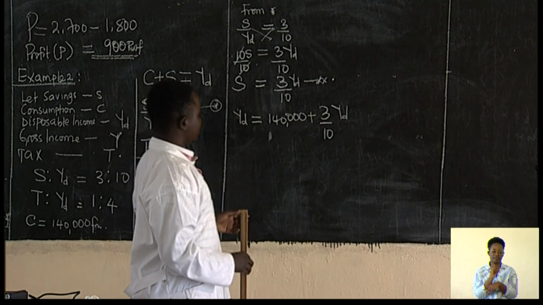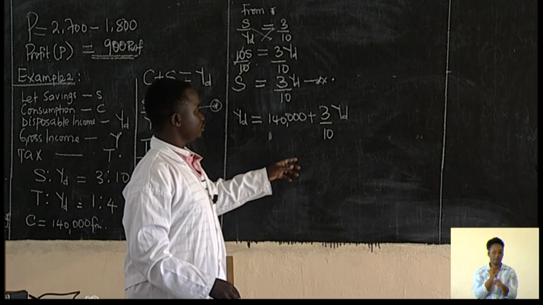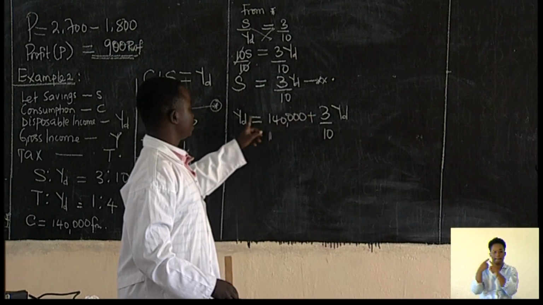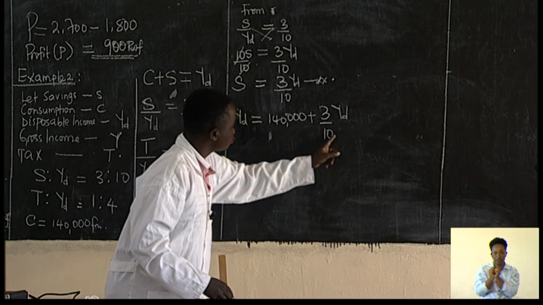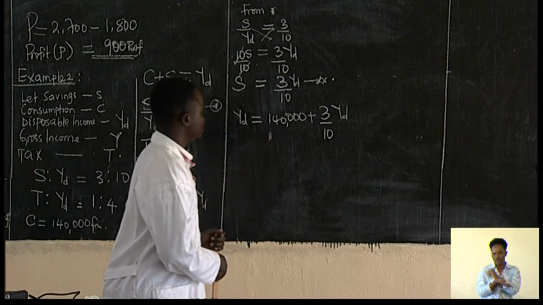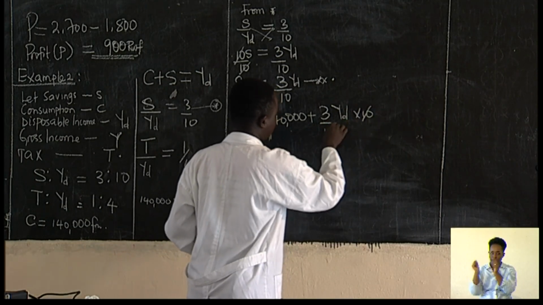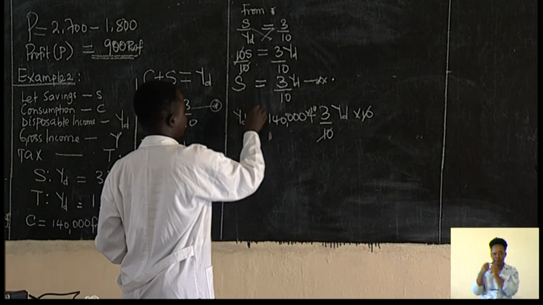There are very many ways you can work this out. What you can do is multiply by 10 throughout this equation to remove this 10. If you multiply 10 here, this will go with this, and you must also multiply 10 on the other terms.